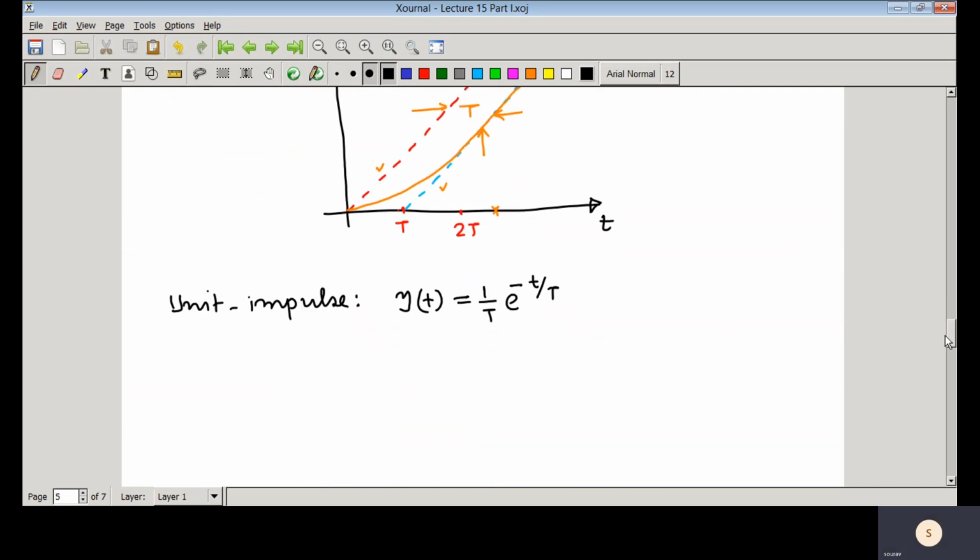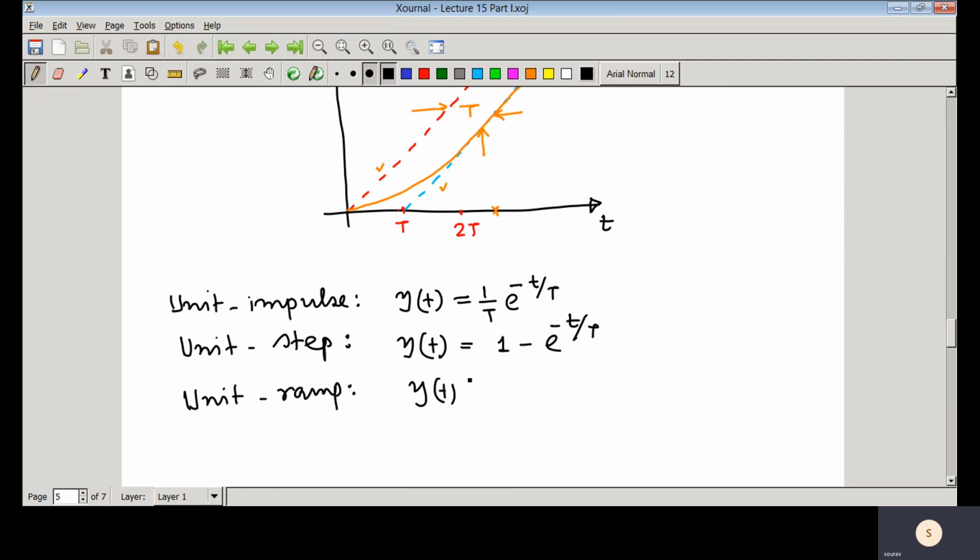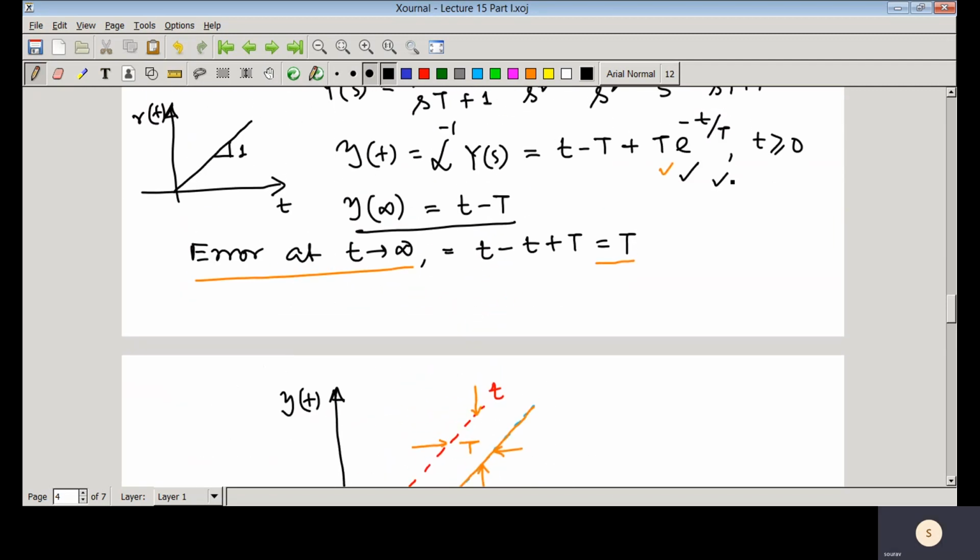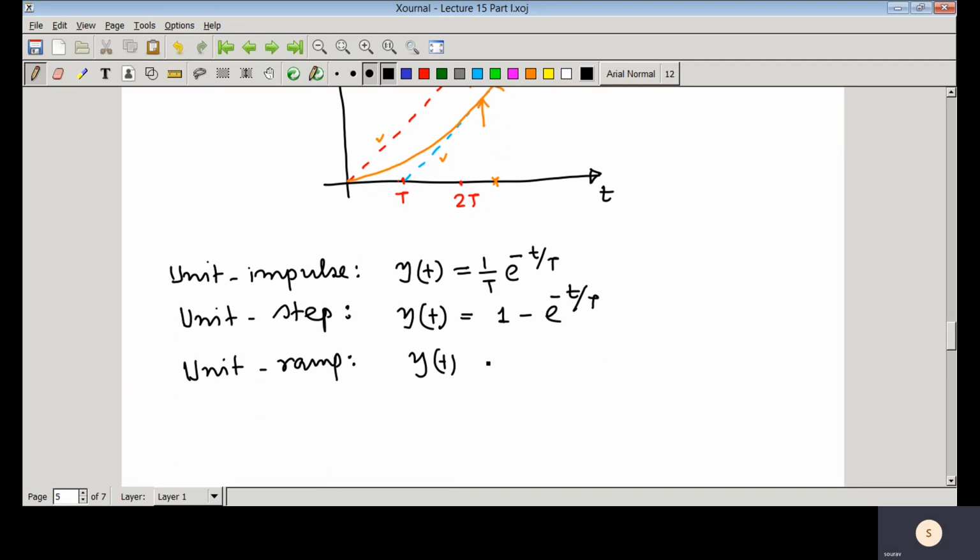Then for unit step, we have y(t) equals 1 - e^(-t/T), and for unit ramp, just now we have shown that unit ramp is this one, so y(t) equals t - T + T e^(-t/T), and all of them is valid when t greater or equal to 0.